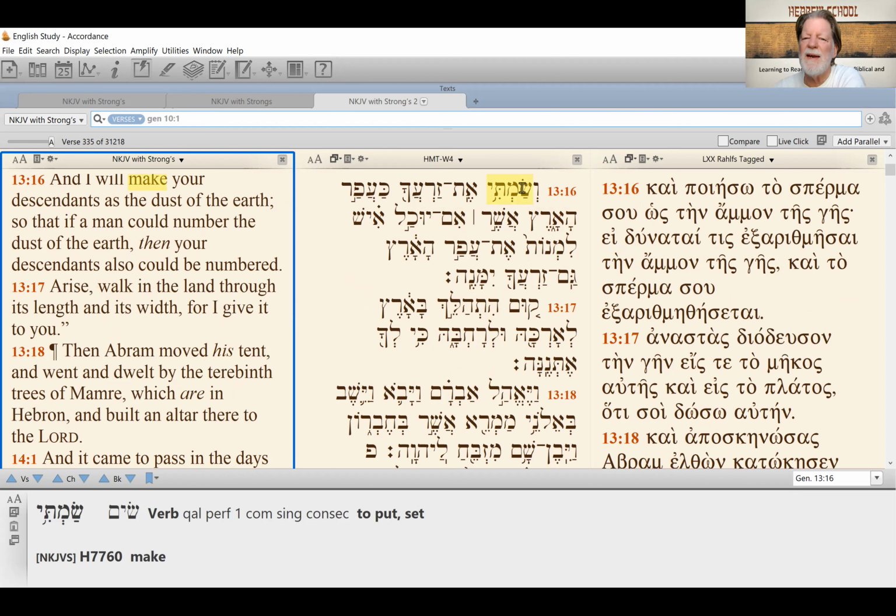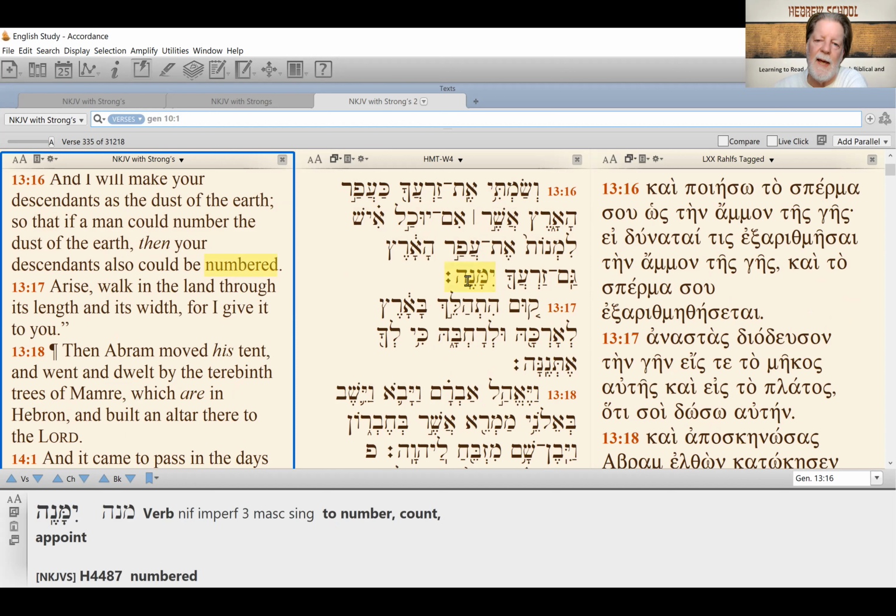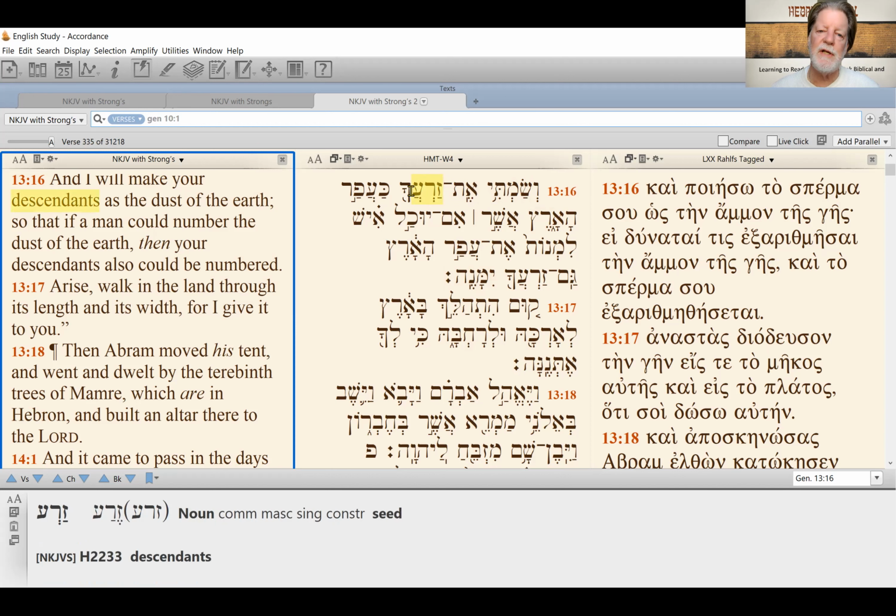Samti means to set, really. I will give et zaracha ka'afar haaretz asher im yuchal ish limnot et afar haaretz gam zaracha yimne. Okay. So God is saying here, I'm going to set, or I'm going to make, I'm going to establish would be a good word to use. Et zeracha, zara is seed. Here he's talking about the descendants of Abraham. Ka, like afar.